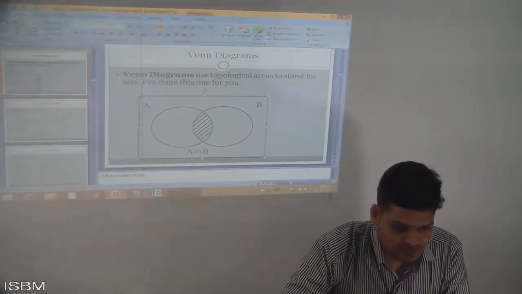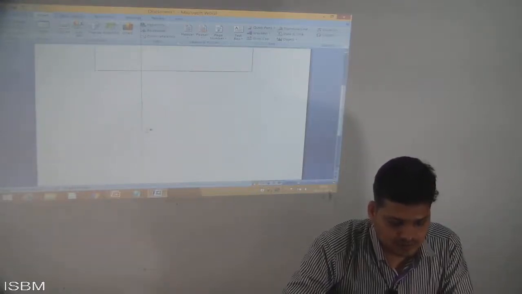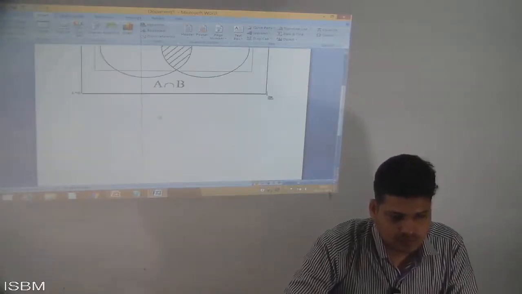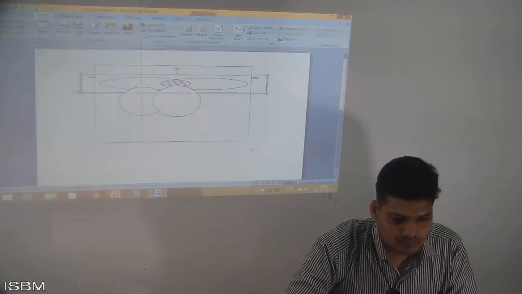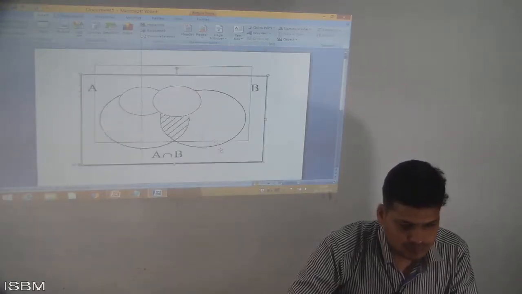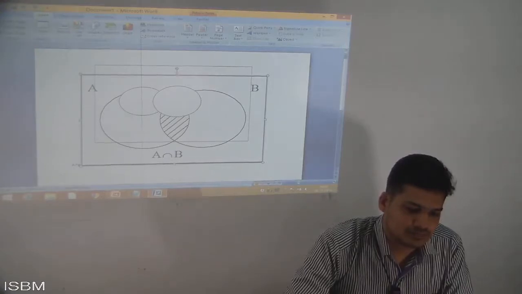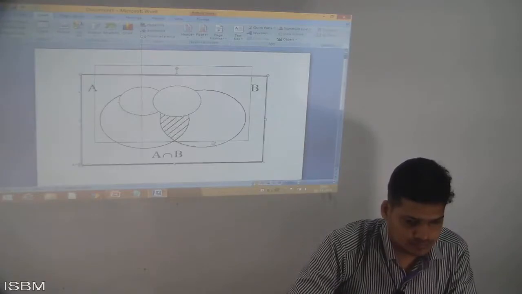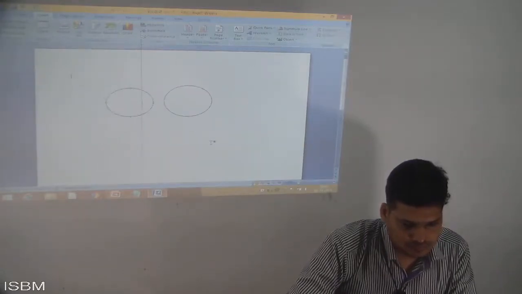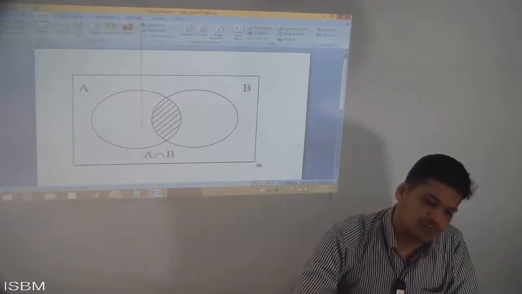We will copy this. So you can see that over here, this is the common value in both the areas.